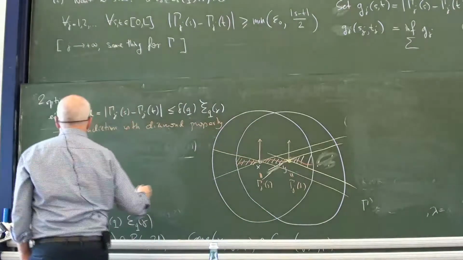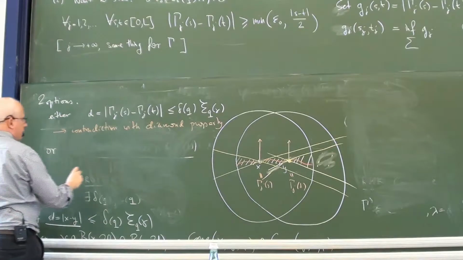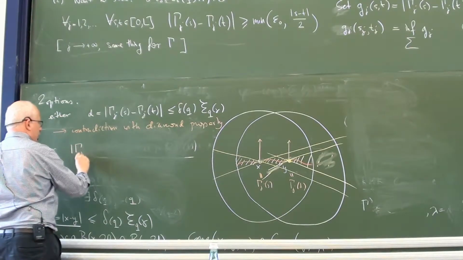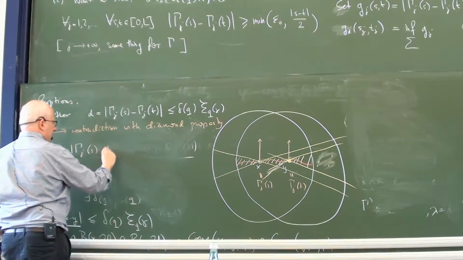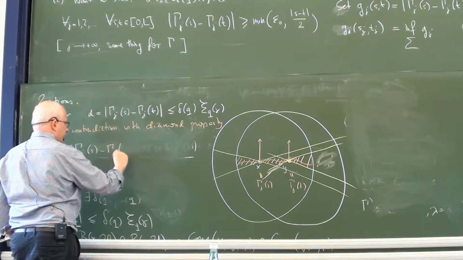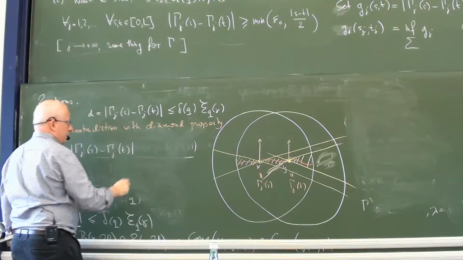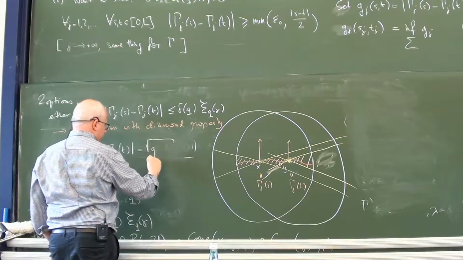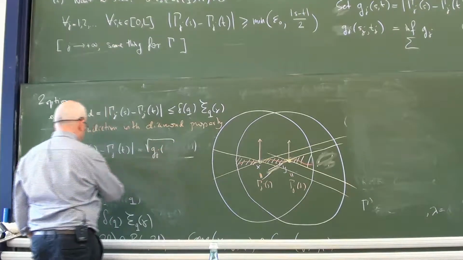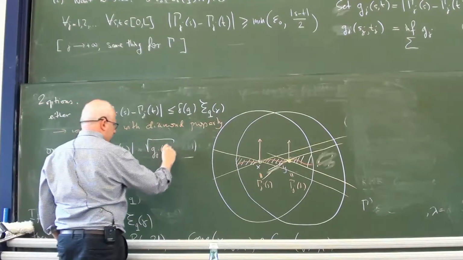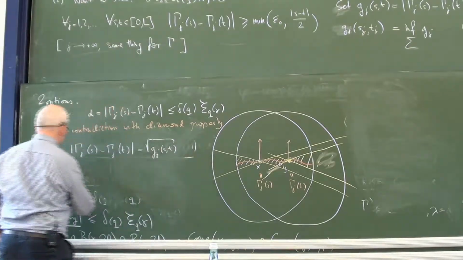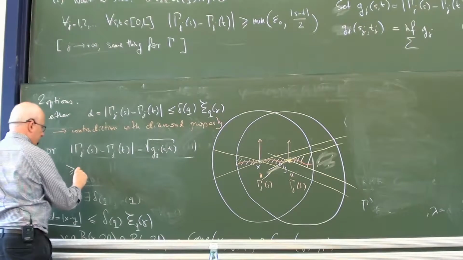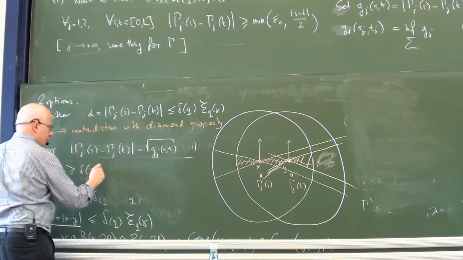So this leaves me with gamma j of s minus gamma j of t, equal to the square root of g_j of s, t, bigger than this delta of q times the energy to a negative power.